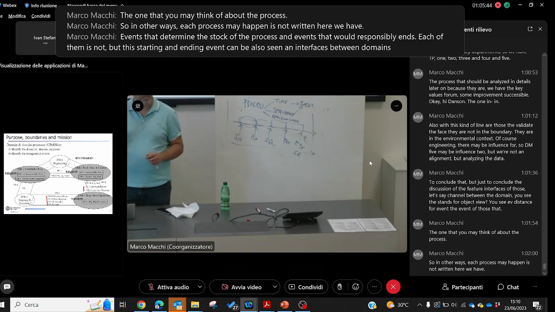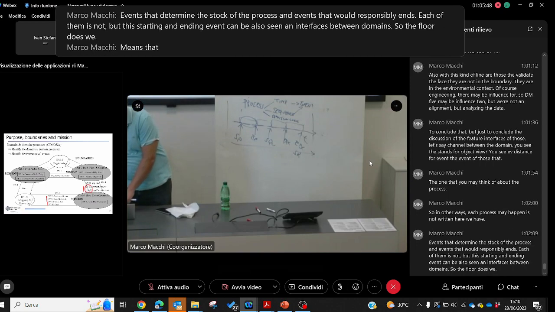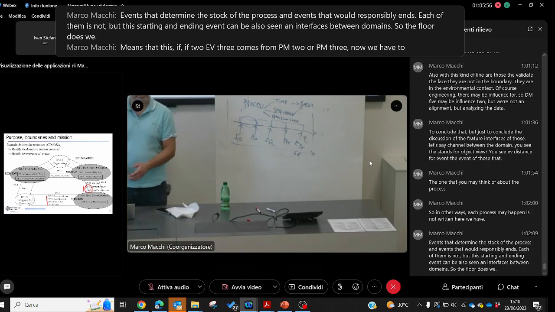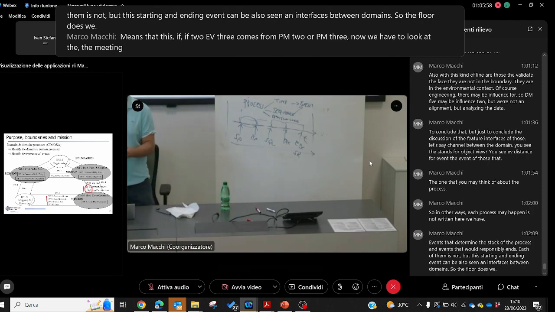So the flow in terms of events means that this EV2 and EV3 come from DM2 or DM3. Now we have to look at the meaning. One is generated by one domain and sent to the other.